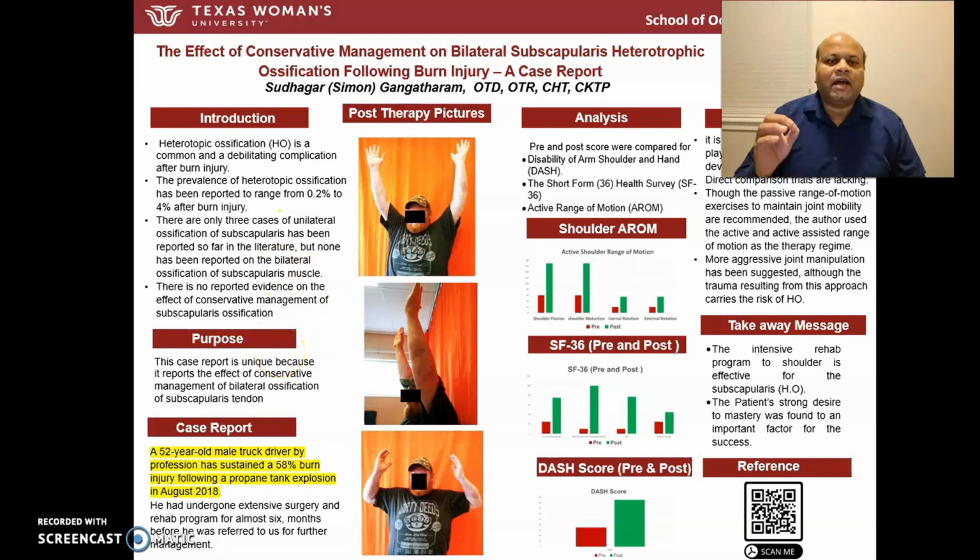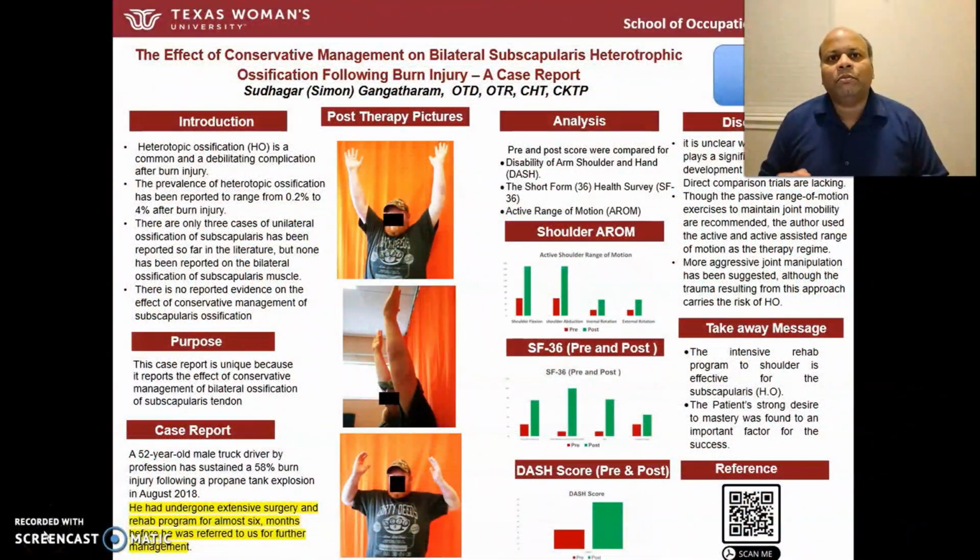And his DASH score, what is DASH? DASH is the Disabilities of the Arm, Shoulder and Hand score. So the DASH score was 35%. If you look at the therapy program, the patient underwent 6 to 8 weeks of therapy, which includes active stretches, active assisted stretches, and grade 1 and grade 2 joint mobilization.